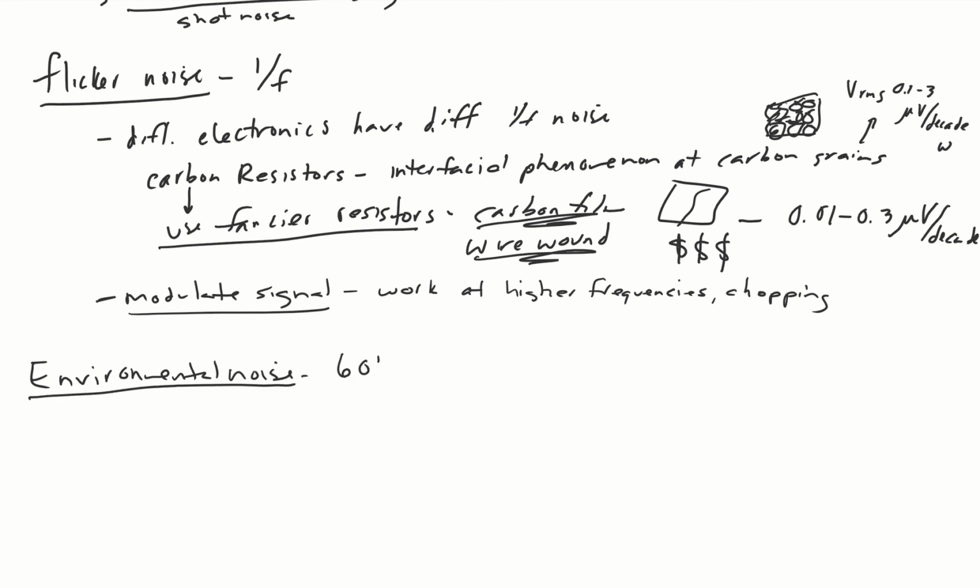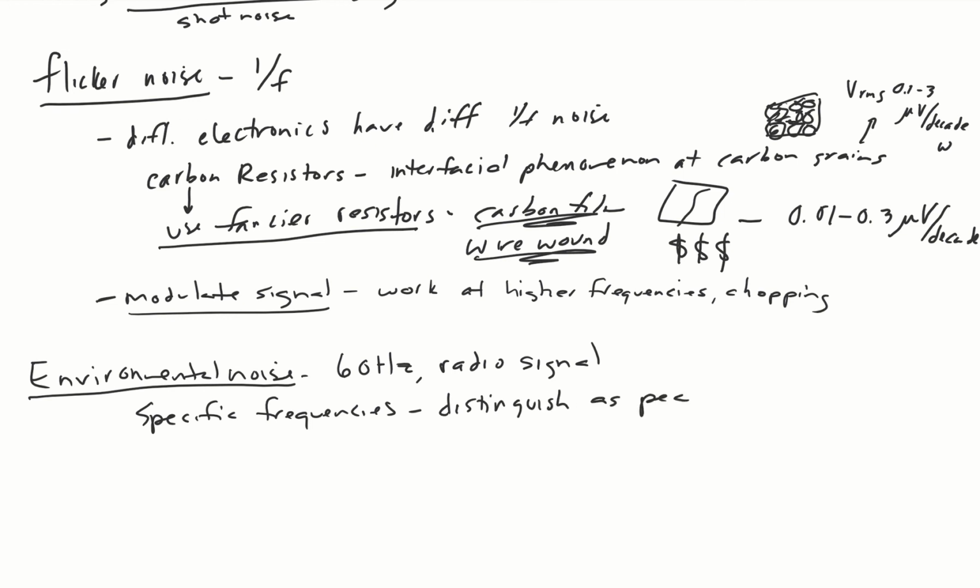We talked about a lot of electronic sources here. The 60 hertz noise from power lines, radio signals. Since these are at very specific frequencies, that's the way you distinguish them as peaks, like we've been saying, if there's no color.